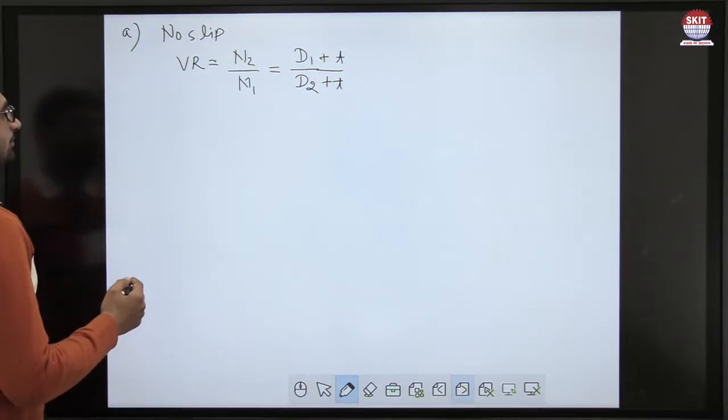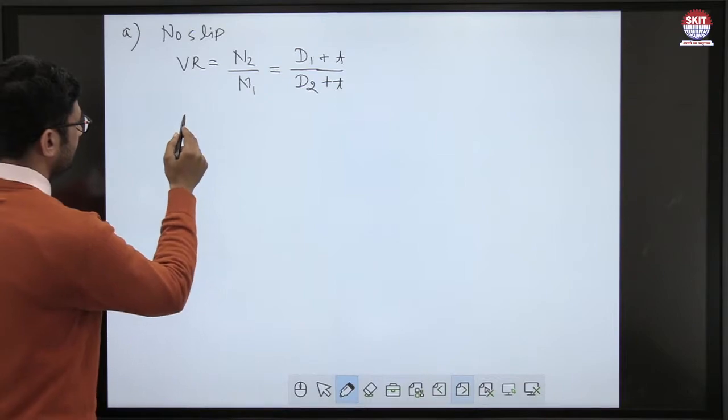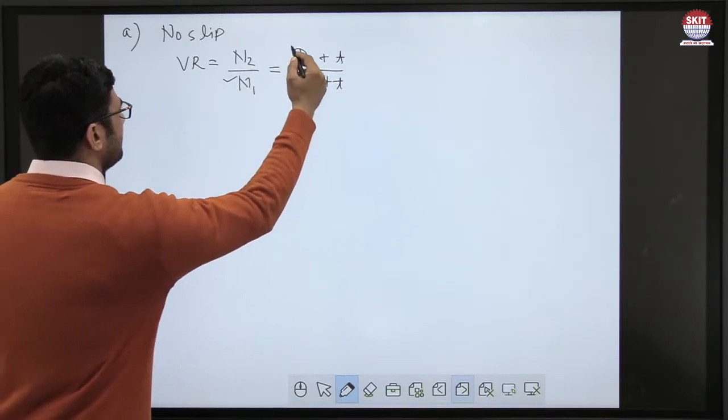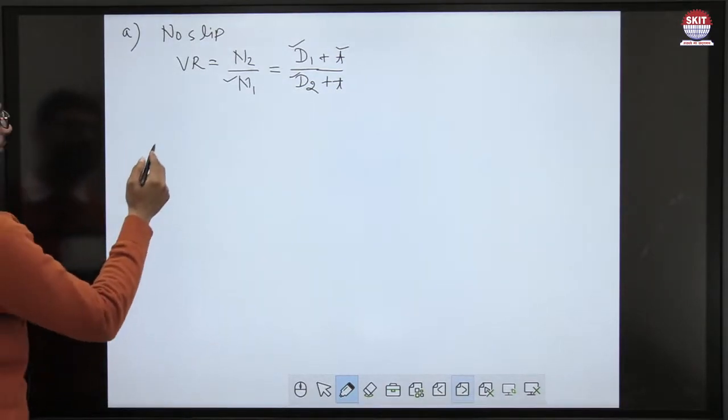This is the formula. N1 value is given, D1 value is given, D2 value is given, t value is given. So find out the value of N2.